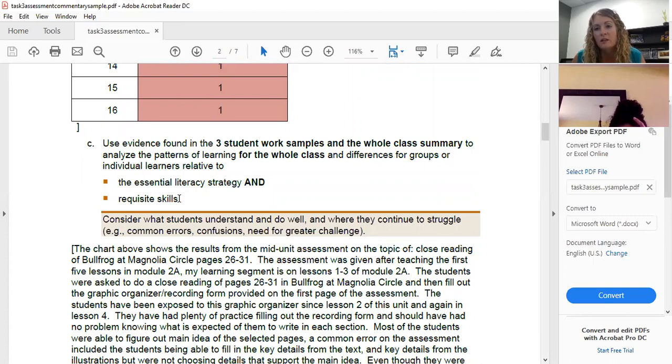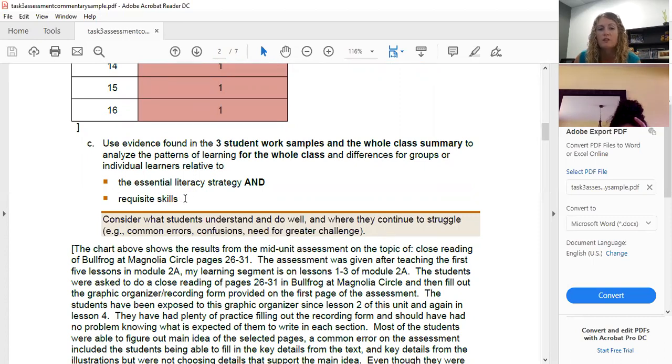When you're planning your learning segment, it should all be focused around one essential literacy strategy that helps students with comprehending or composing text, and the requisite skills, such as pulling out the essential, the important details and the non-important details.